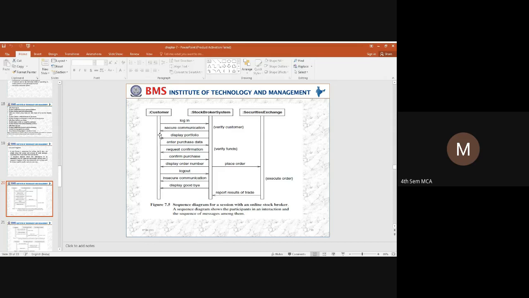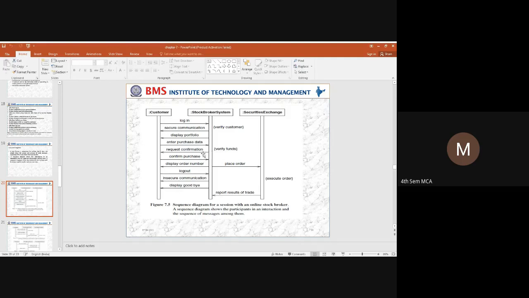Once the communication is established, it will display the portfolio information of that particular customer. Once it displays the portfolio information, the customer can enter the purchase data. That means whatever stock he wants to purchase, the customer is going to enter the purchase data.